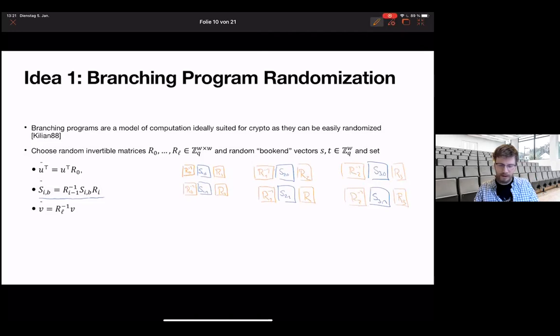Okay, good. So this is the middle step of this randomization procedure.